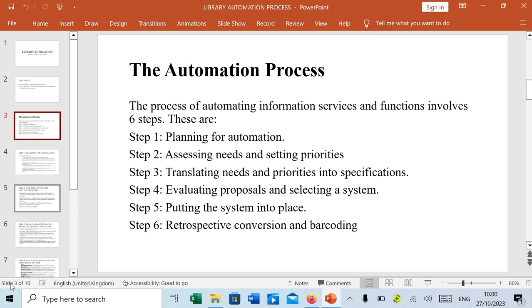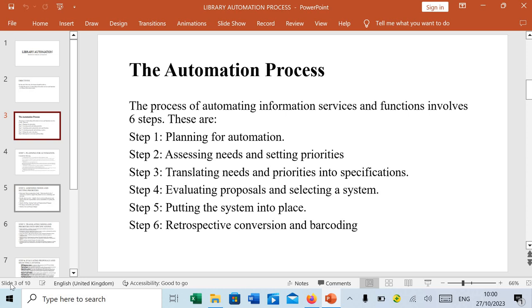Then step 2, you're supposed to assess the needs and set priorities. You know exactly the needs of that particular information center and prioritize the needs accordingly. Then step 3, you're supposed to translate the needs and priorities into specifications.